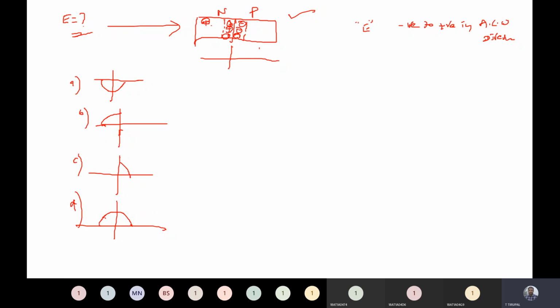Negative is this one and positive is this, which is the anti-clockwise direction. The answer is D. Next.